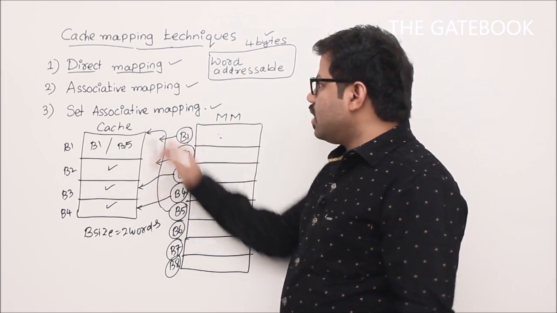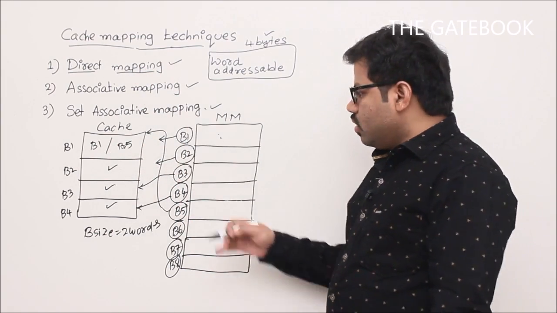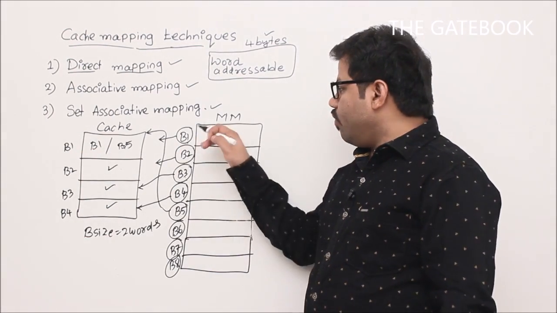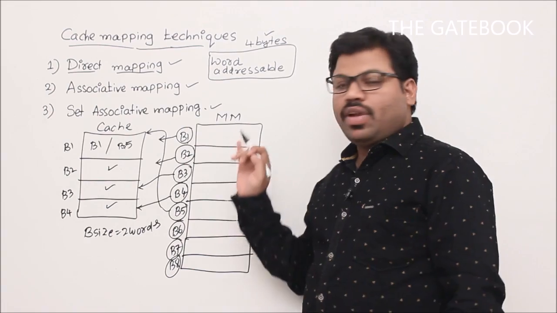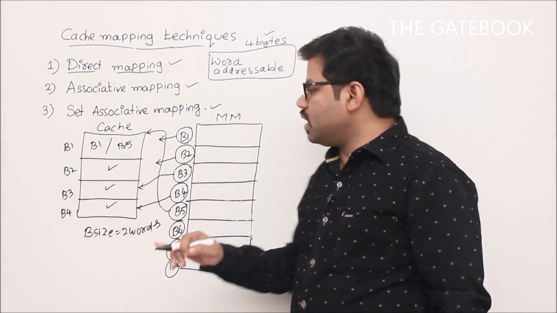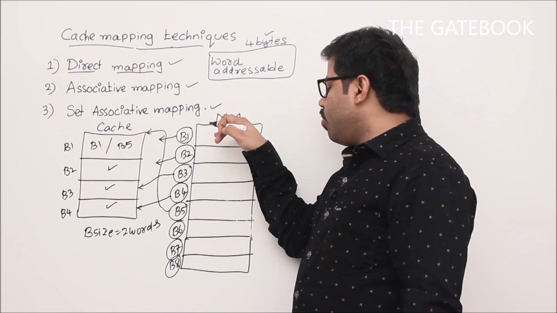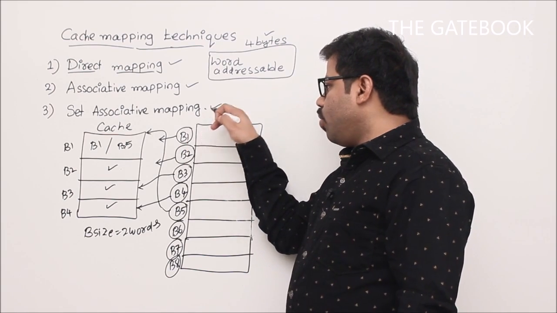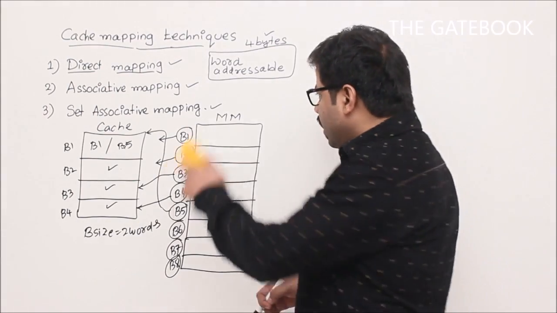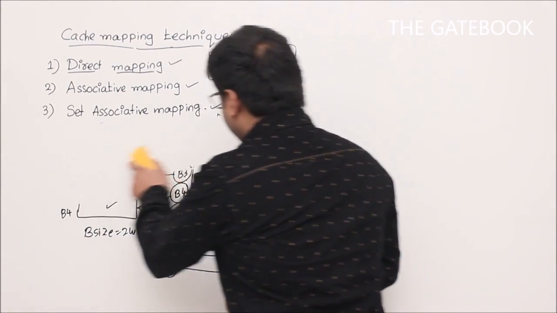That is a strategy called direct mapping. Finally, you have 8 blocks here and only 4 blocks there. In this model, every block will always be assigned a particular block in the cache. That means we map every main memory block to one particular block in the cache.